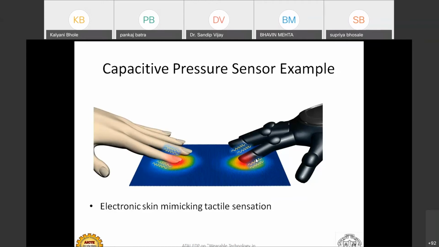That is one of the main things that healthcare professionals do. So in this case, this type of sensor can be used. Research is going on in this direction also. I know a few people who are working on such developments. This is one of the areas where this pressure sensor can be used.